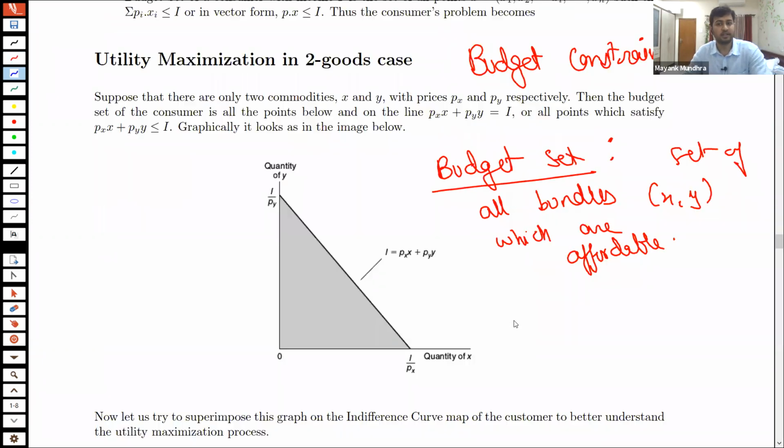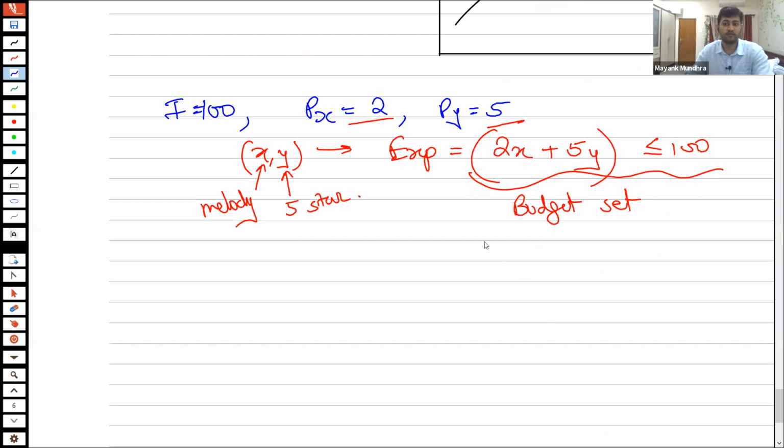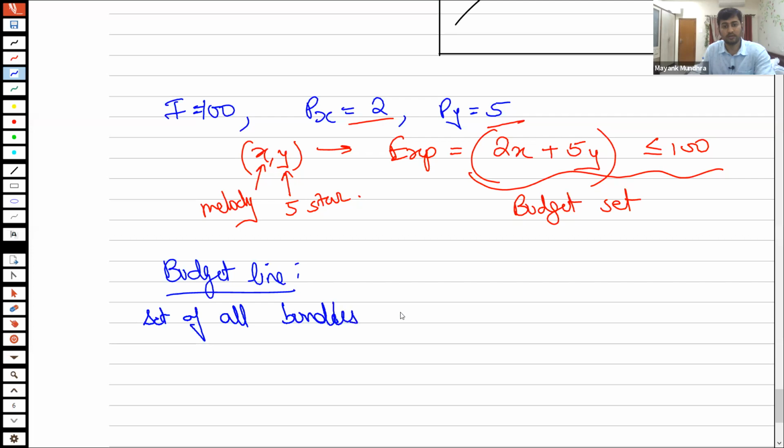Now, what does that set look like in the Cartesian plane? For that, I first need to determine my budget line. The budget line is the set of all bundles which are just affordable.